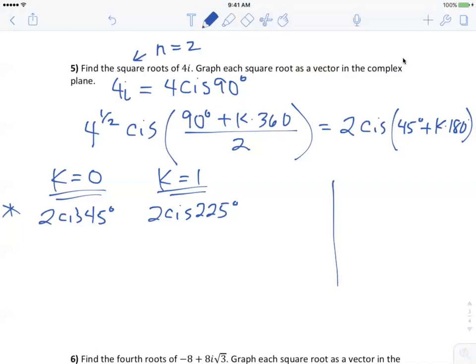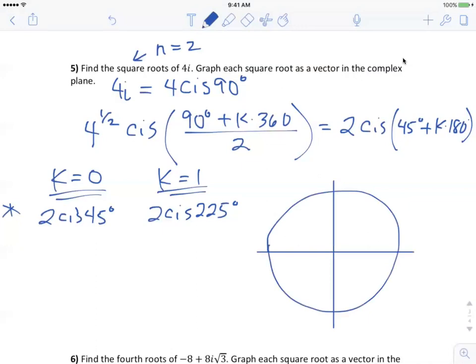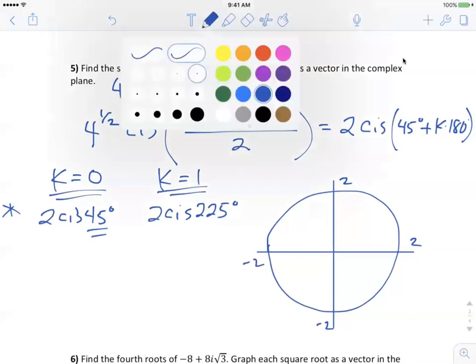Graphing it, I'll draw my little imaginary and real axes, and I'm going to do a circle on this one. The r is 2, so it's a circle of radius 2. Those are all 2's out to 2. Then just go to the angles that are specified, 45 degrees.